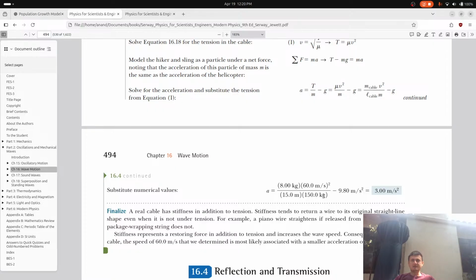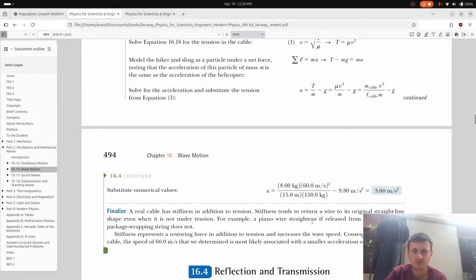So then you solve for the acceleration in terms of the tension, which inevitably ends up being the wave speed and the linear mass density. And we know the length of the string and the mass of the string.